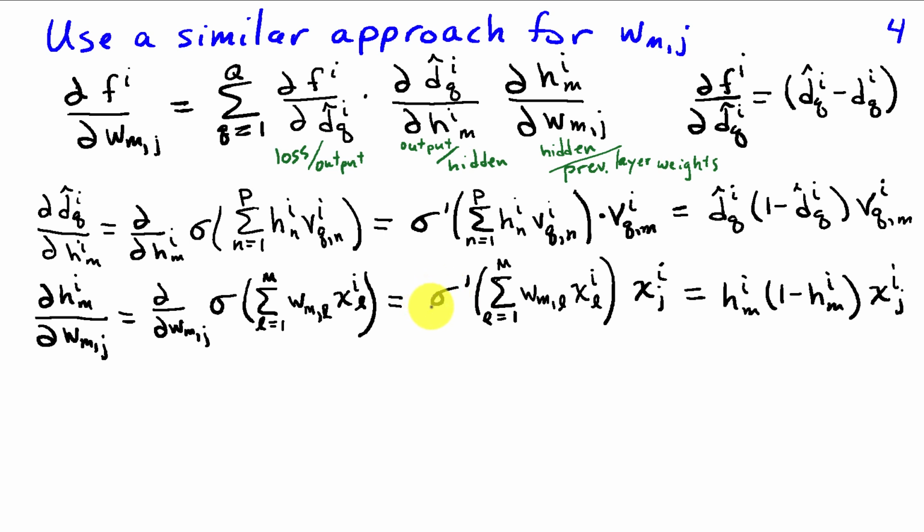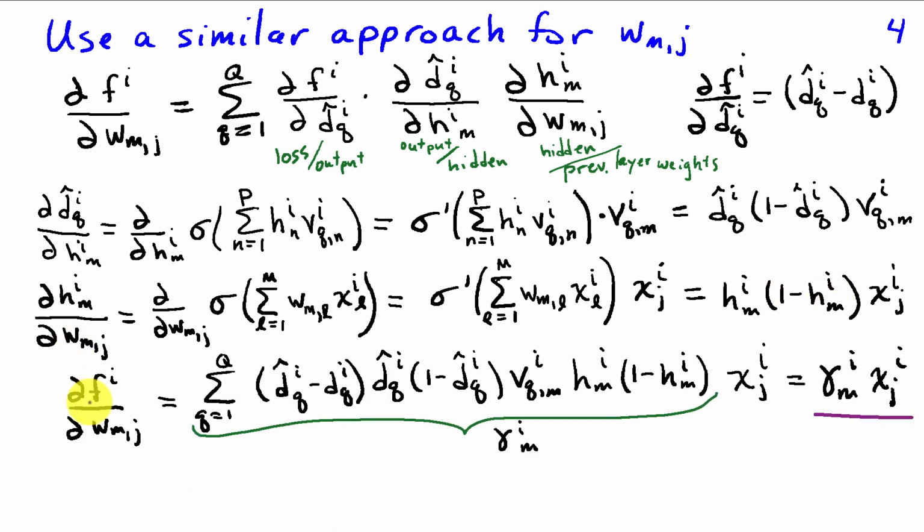So the derivative of the activation function with respect to its argument, remember, is going to be sigma of z times 1 minus sigma of z, but in this case sigma of z is the output of the hidden layer, in other words h_im times 1 minus h_im.